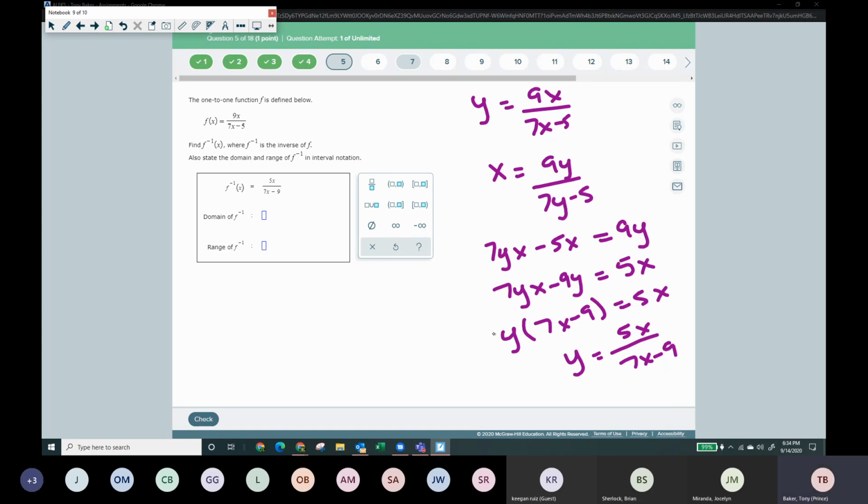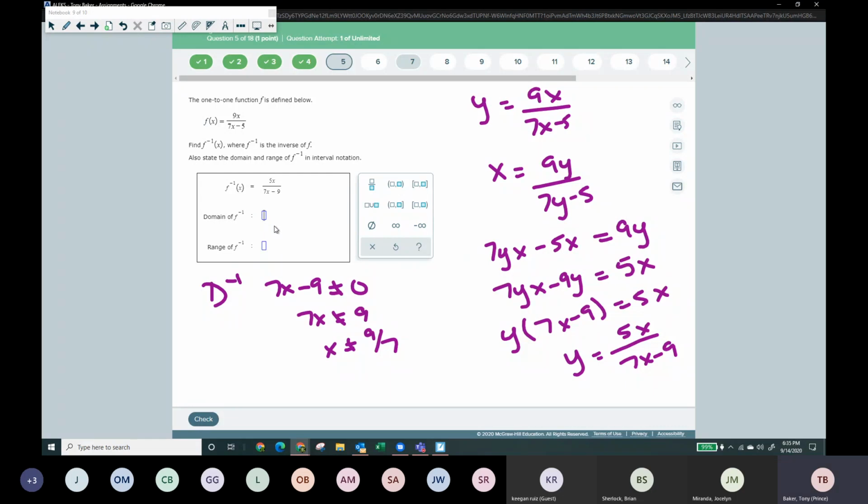The domain of my inverse is just where the bottom, 7x minus 9, cannot equal 0. So 7x cannot equal 9, and x cannot equal 9 over 7. So that's the domain of my inverse.